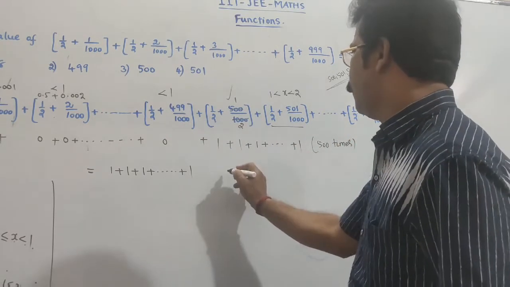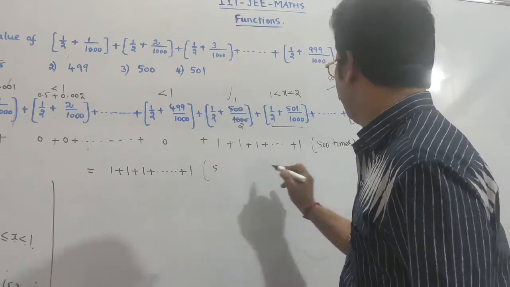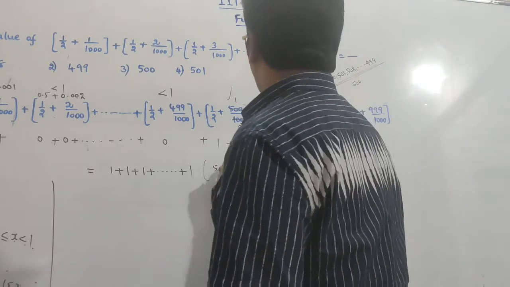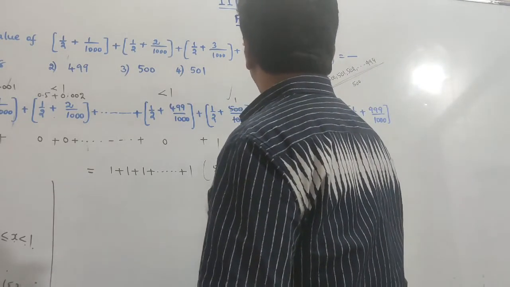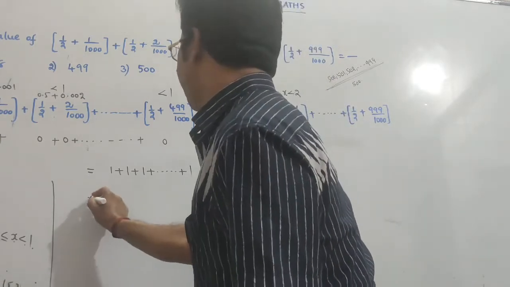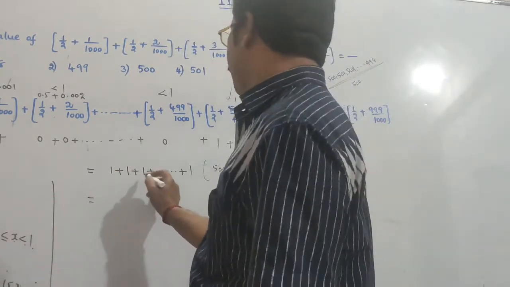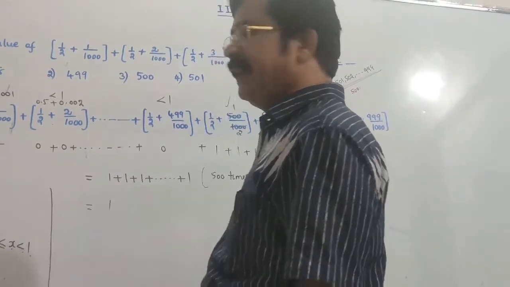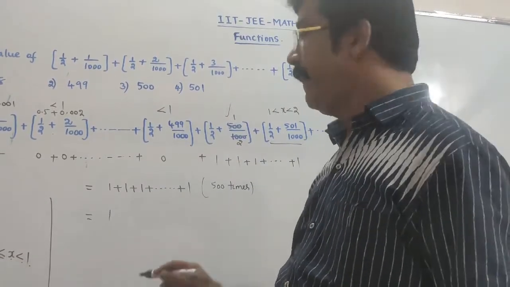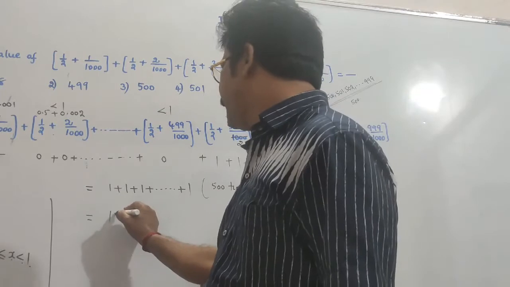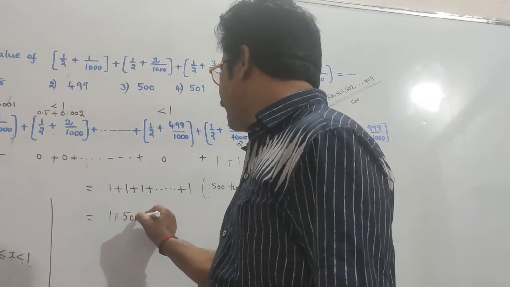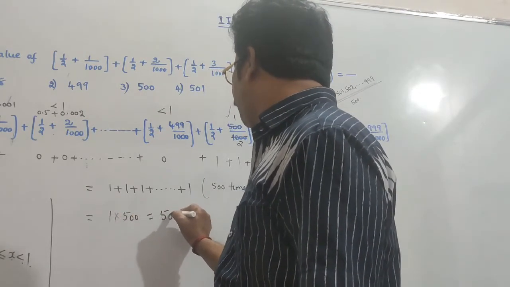The same number is added 500 times, that is 1 into 500, which equals 500.